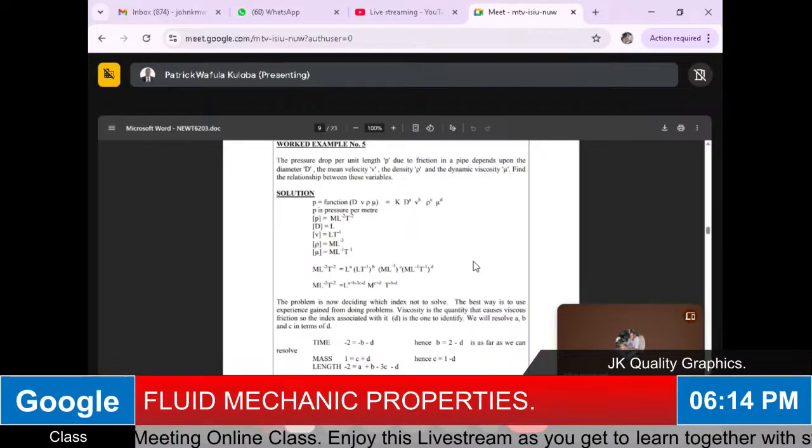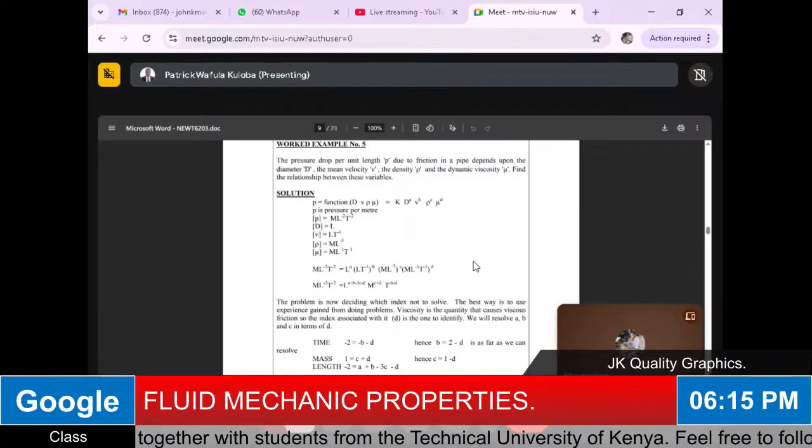Write that as equation 1 and equation 2. Equation 1 is P is a function of, in brackets, D, V, rho, and mu. In equation 2, you remove the function sign, you put C, then you raise those to A, B, C, and D.